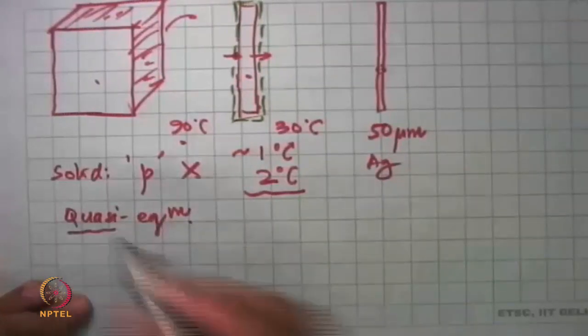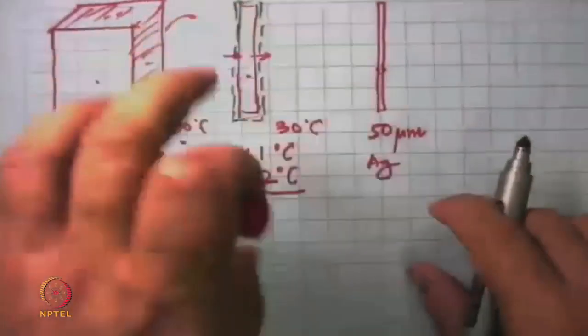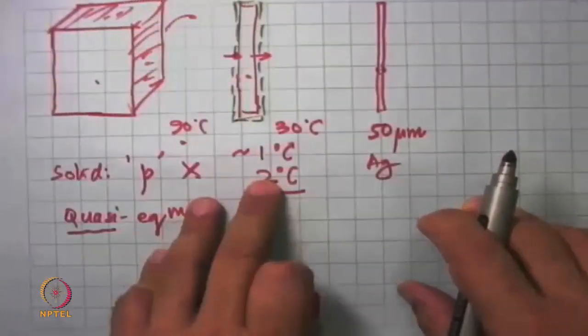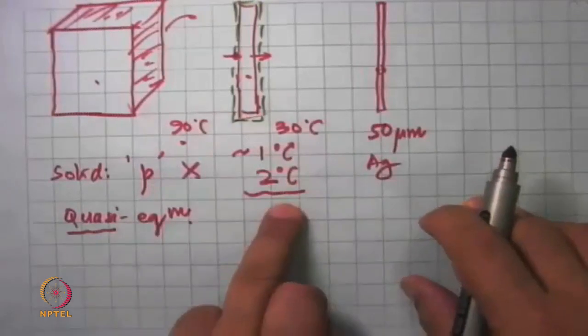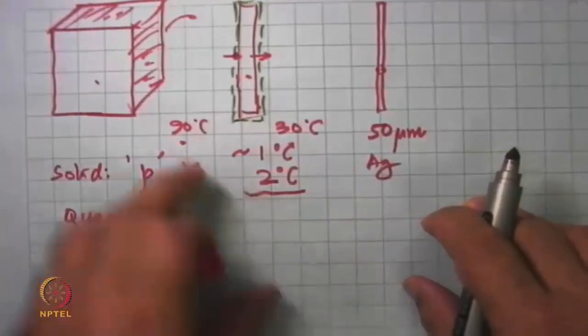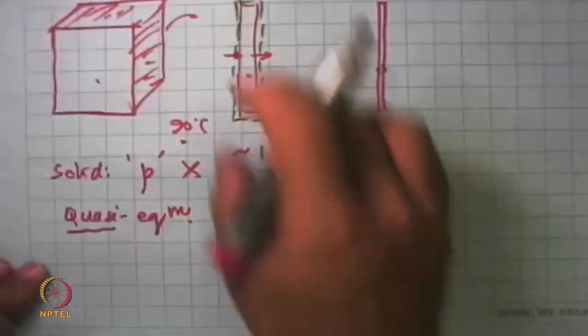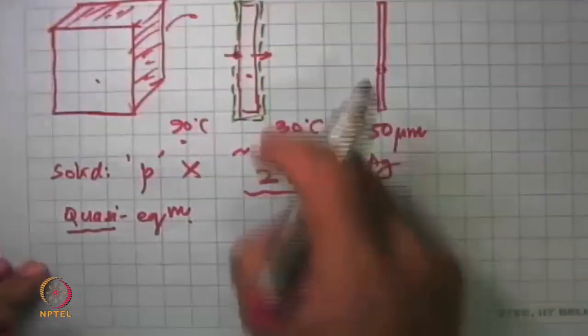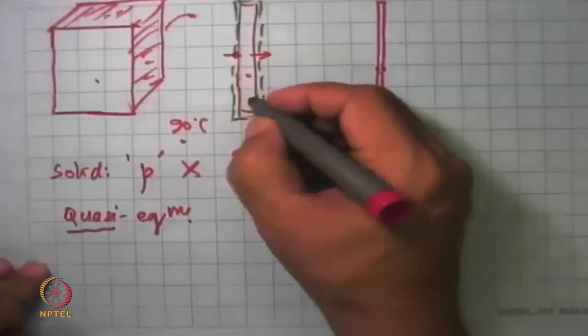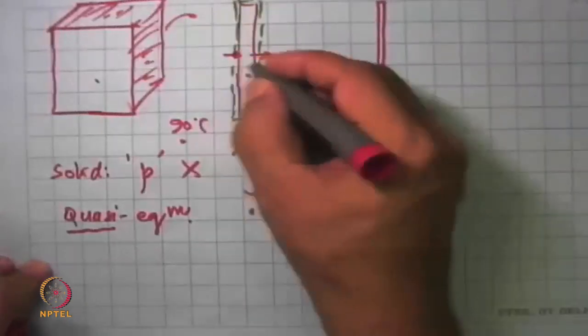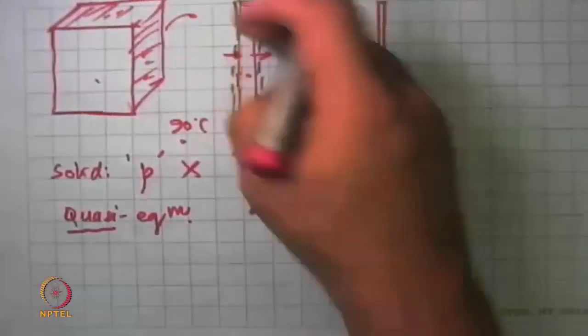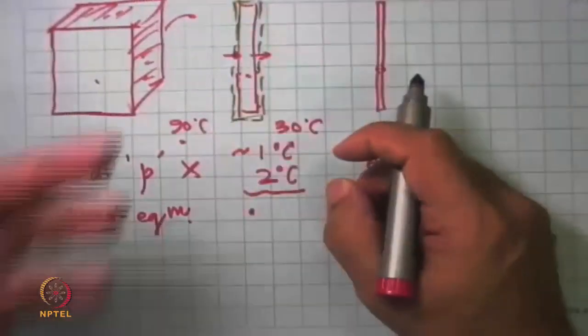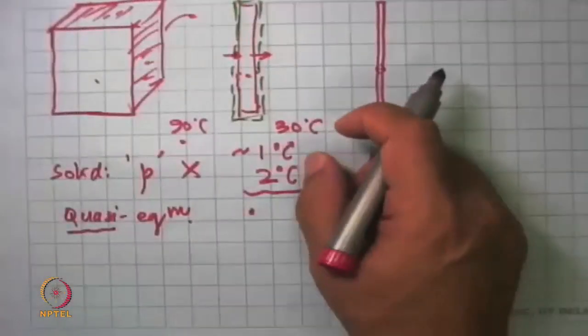Quasi means that the real system is not in equilibrium, but we are making certain assumptions and saying that it is approximately so, and I can consider it to be in equilibrium. And if the temperature difference was that small, I can say the average of the temperature of these two is the temperature of the system, and that is my system property.